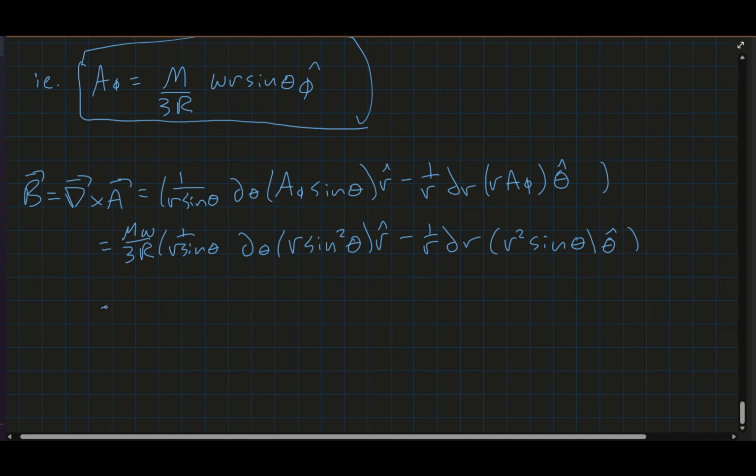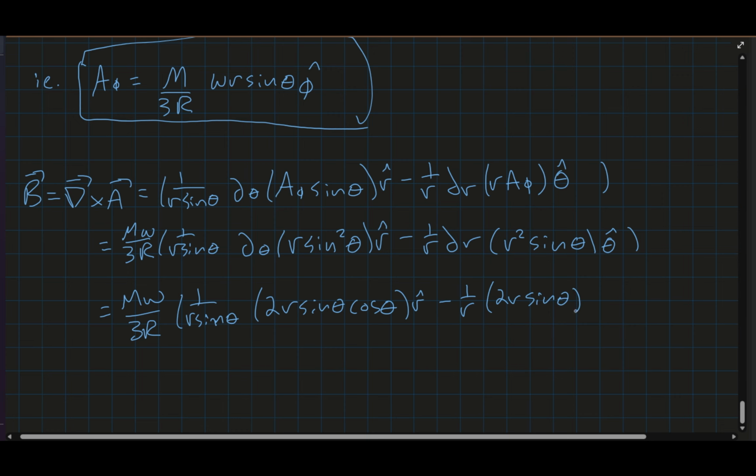So we can take these derivatives now. This is going to be 2r sine theta cos theta in the r hat direction minus 1 over r times 2r sine theta in the theta hat direction.